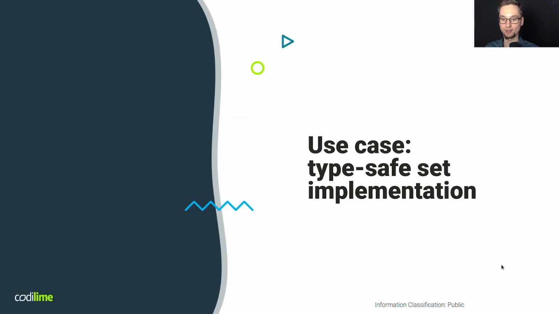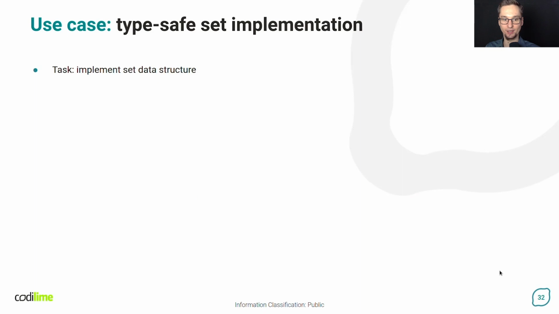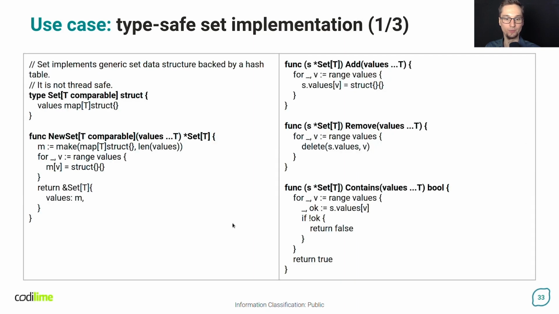So let's take a look at a use case. Let's implement a set data structure using type parameters. This is the example of a generic type. We have a type Set, which is a struct with one type parameter, T, and T has a constraint of comparable.